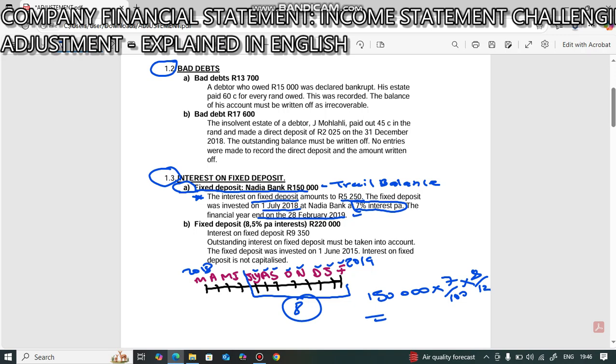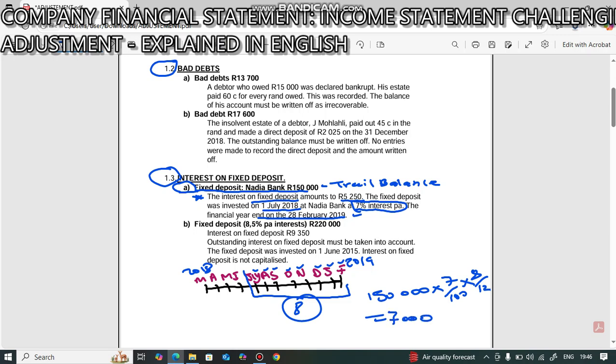Alright, you can use the calculator to confirm our calculation. 150,000 times 7 divided by 100, and then times 8 divided by 12. So I'm getting 7,000 rand. Meaning this is the total income, or interest income, that was supposed to be recorded in our income statement.